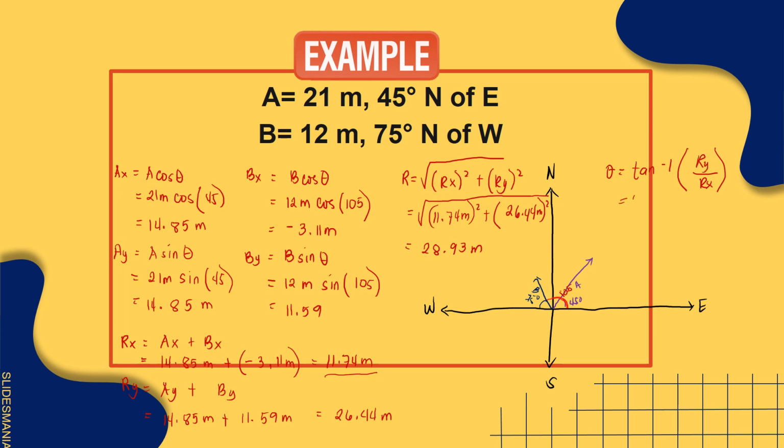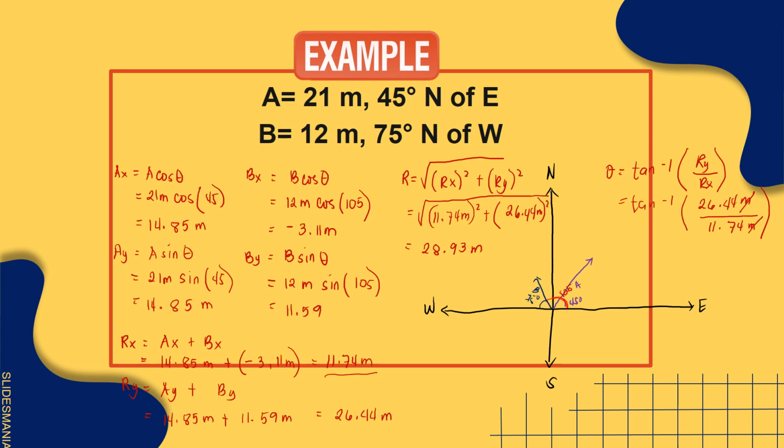So that is equal to tan inverse. Your Ry is 26.44 meters divided by 11.74 meters. Okay, cancel meter to meter.